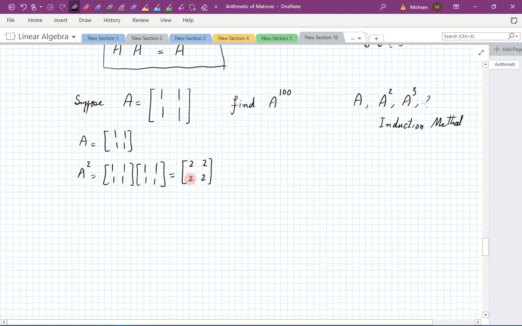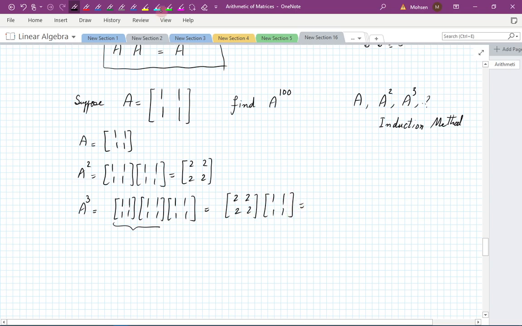Now you can factor the 2 outside, or you can just leave it like that and come to A cubed. A cubed simply means multiply this item 3 times. You have already done two of them, so we can just borrow that, and then multiply by another one.